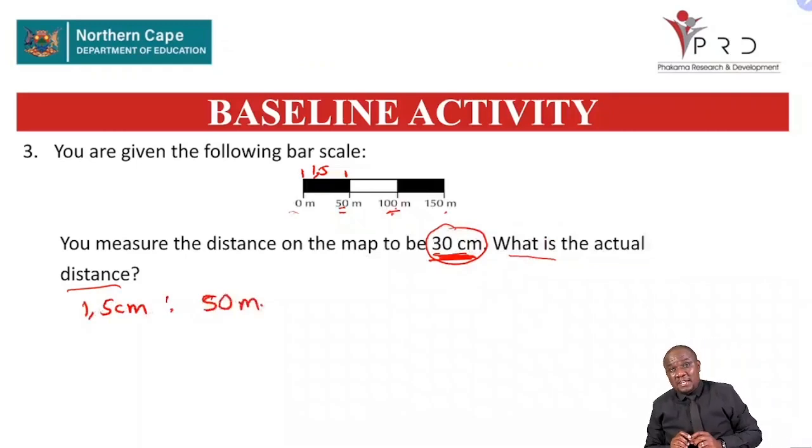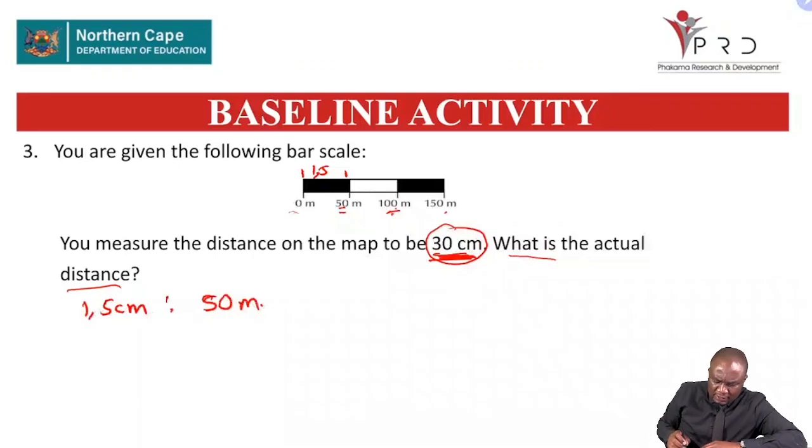Remember, this is not a number scale. We can convert it to a number scale, and for us to convert it, the units must be the same. We have to convert these 50 meters to centimeters first, and then we divide both sides by 1,5. The units are fine like this when they're different, centimeters and meters. Now, what about 30 centimeters?